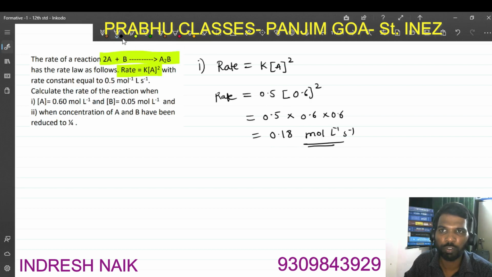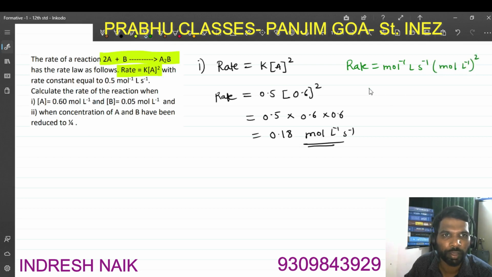So here is how we are getting moles per liter per second. The unit of 0.5 which is written over here is per mole liter per second. The unit of A is moles per liter, the whole square. So here, per mole liter per second, and this is mole raised to 2 and liter raised to minus 2.